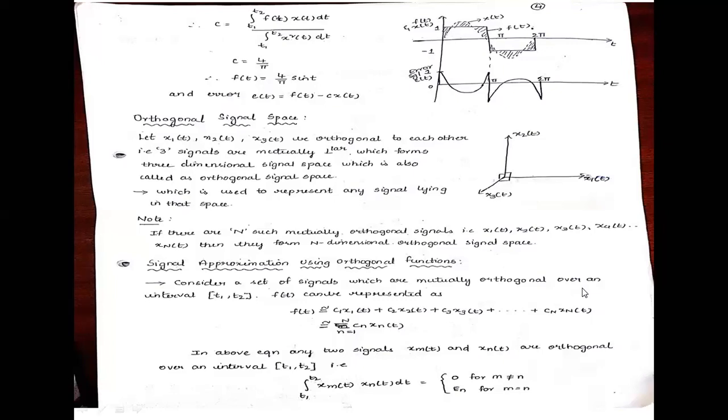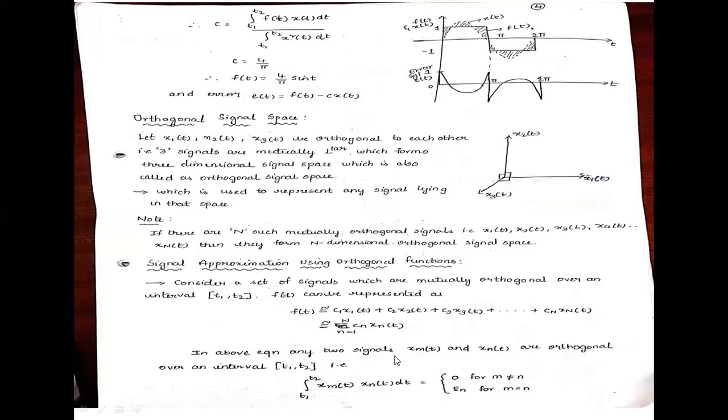You see in what I shared in the meeting here, f of t is approximately equal to the sum of n equals 1 to N, cn xn of t. Now in the above equation, any two signals, xm of t and xn of t, are orthogonal over an interval t1 to t2.